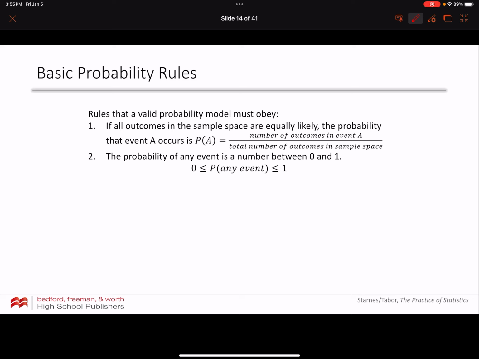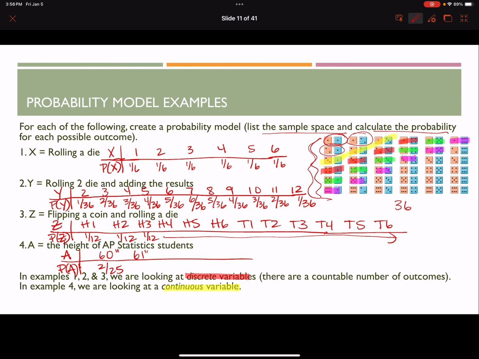Probabilities always have to be a number between 0 and 1. Can they be equal to 0? Yeah. If something's impossible to happen, the probability of it occurring is 0. So for example, if I go back to the height of AP statistics students, if I am making my probability model table here and I list height 60, 61, 62, let's say I get up to 80 inches.